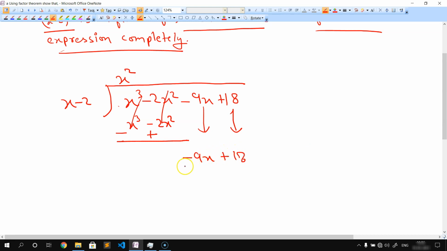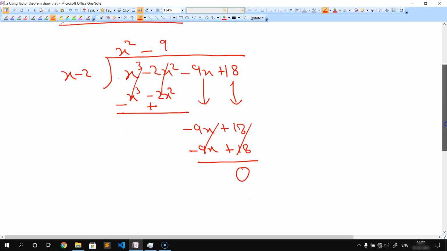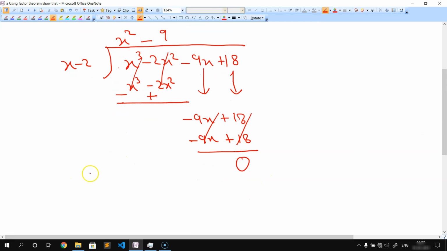Here it is minus, so we will write down the minus sign here. Now we will multiply our divisor with minus 9. It will become minus 9x plus 18. So they will also cancel out and the remainder will become 0. It will become x minus 2 into x square minus 9.